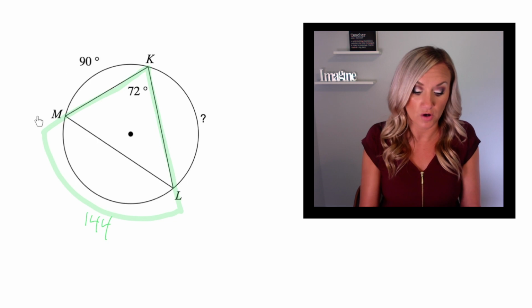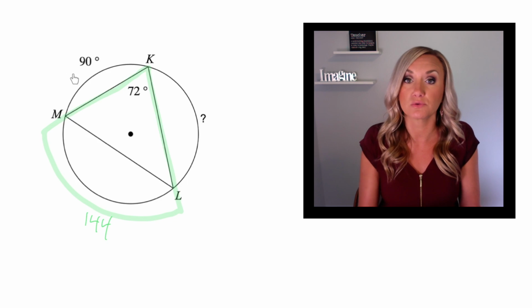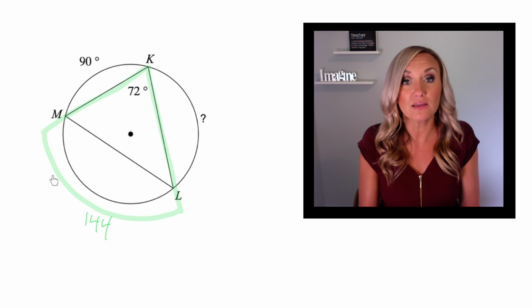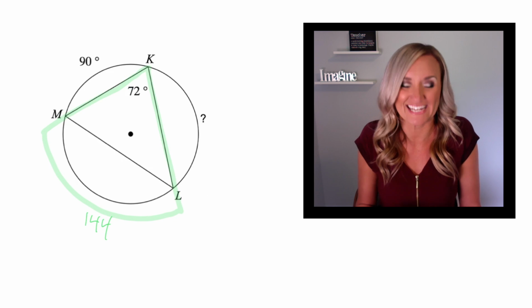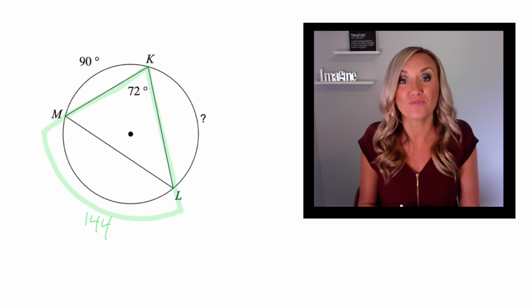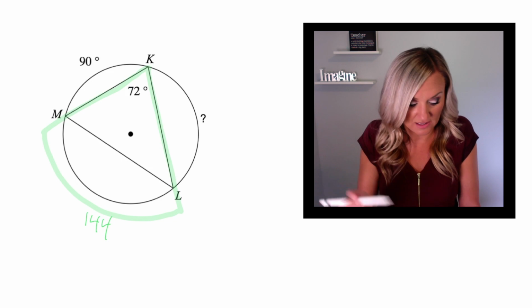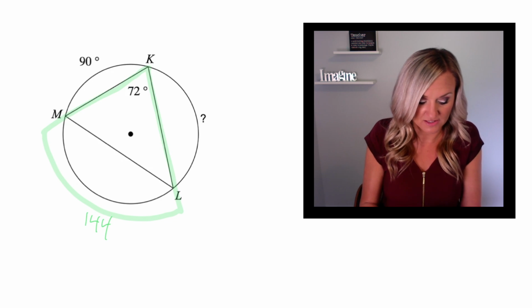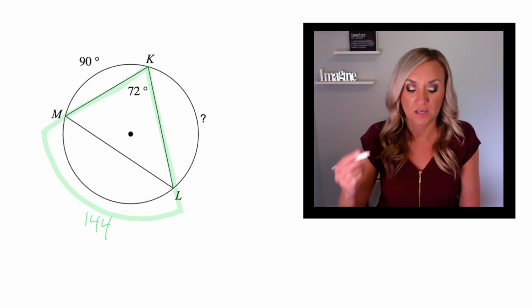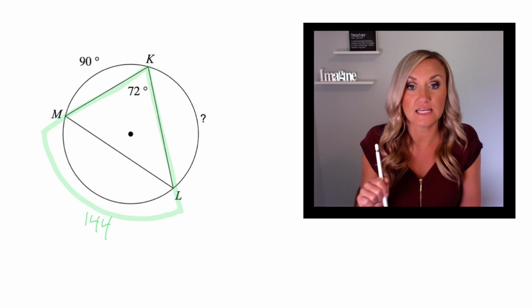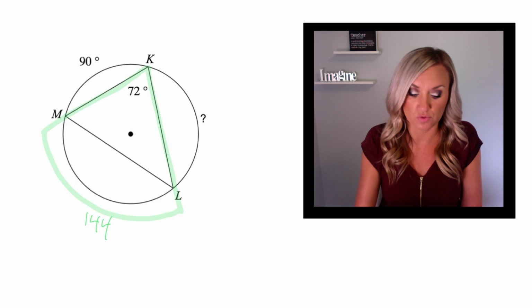But what we do know is that a full circle is 360. So if we take 360 and we subtract the 144 and we subtract the 90, then that gives us our final answer. So let's go ahead and do that. If we add 90 and 144, that gives us 234.